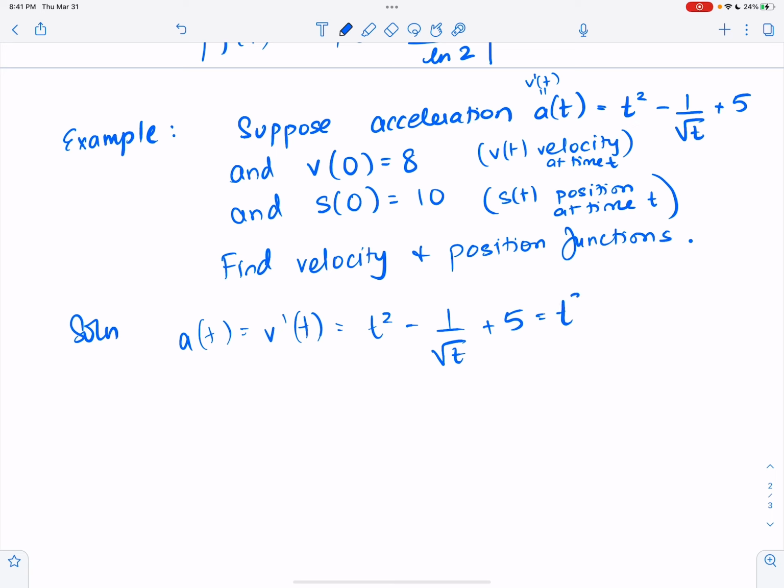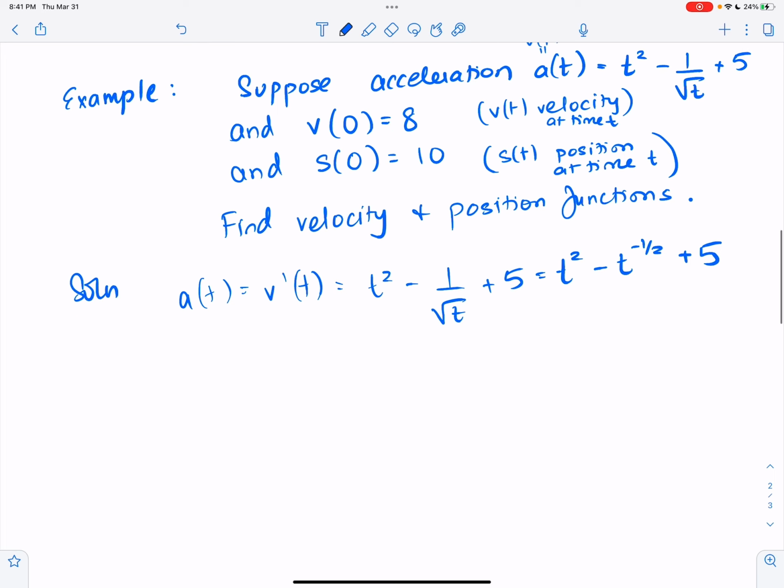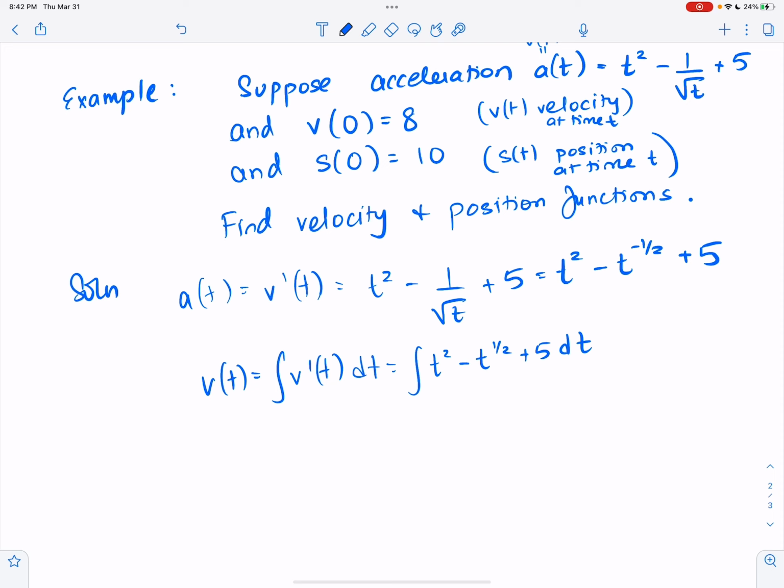Okay, let's rewrite this with powers because it's easier to deal with when you want to find the antiderivative. So what will v of t be? It will be the antiderivative, so the integral of a of t or v prime of t, whatever you want to call it.